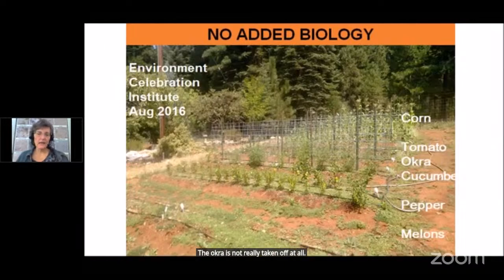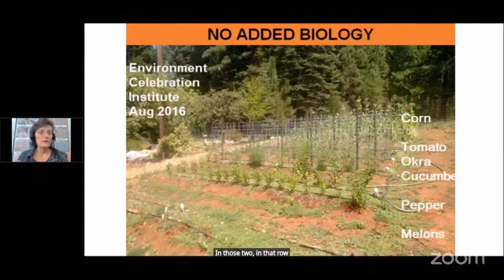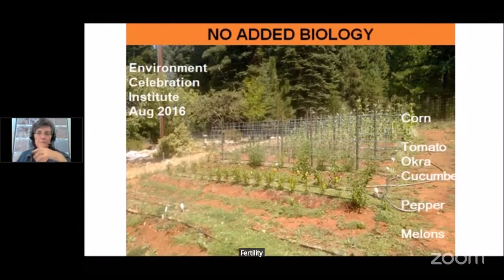You can see probably 4, maybe 5 of the cucumber plants, but we've got 20 cucumber plants in that row, because we've got a row lower and a row higher within that bed. And the peppers, yes, they are starting to produce peppers, but you can see that some of those leaves are very yellow, fertility problems.